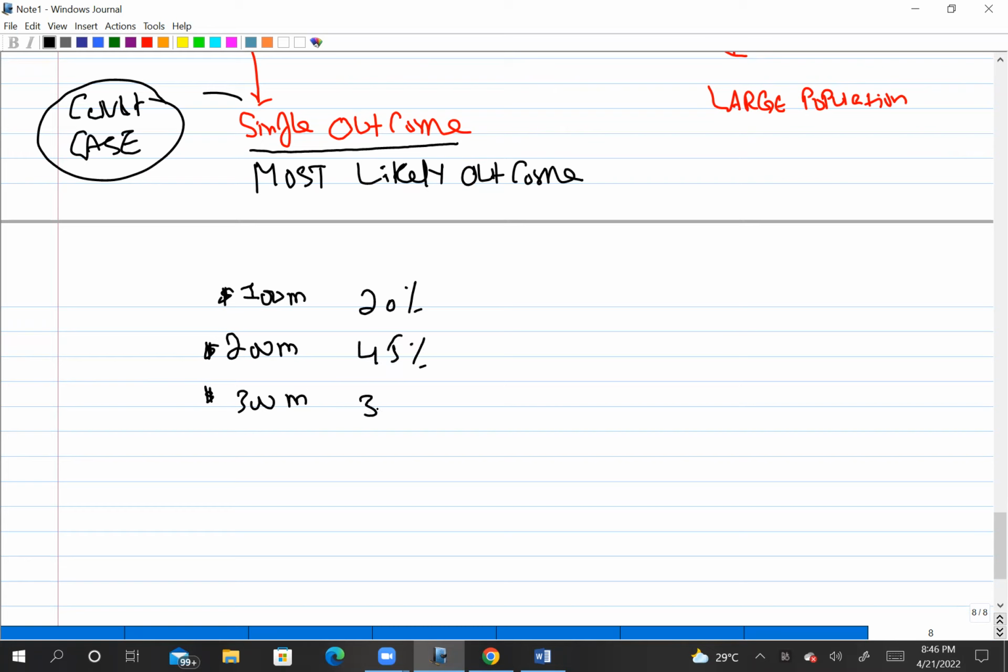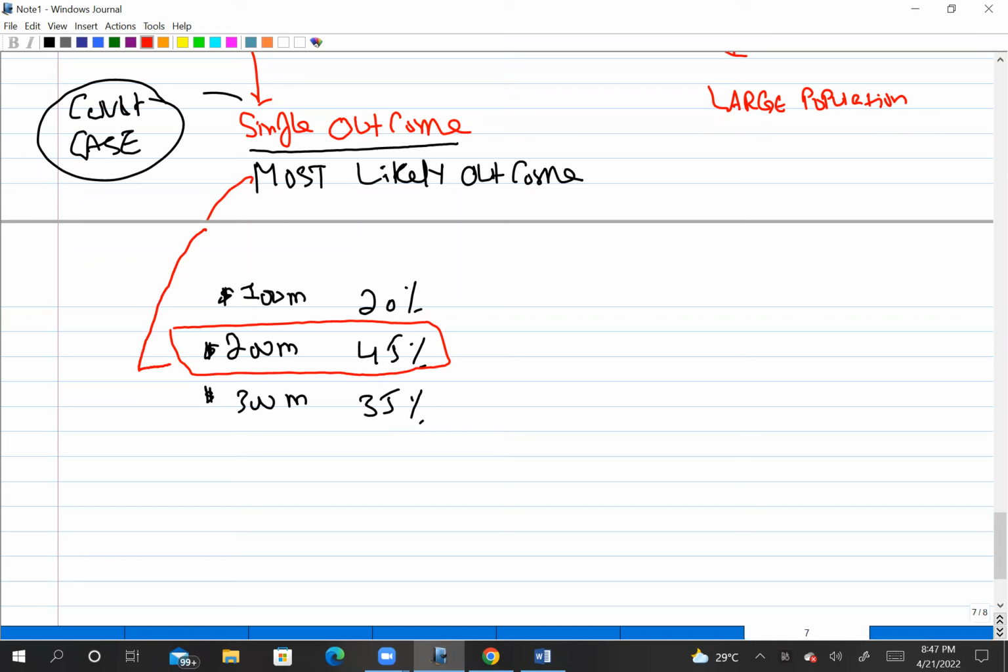And it will be $300 million, the chances are 35%. Now, in this example, the most likely outcome is 45%. So, on the basis of this most likely outcome, we will measure the provision where a single outcome is expected. An example is a court case. You get it?